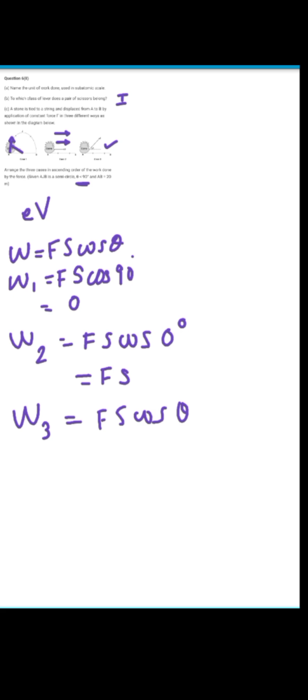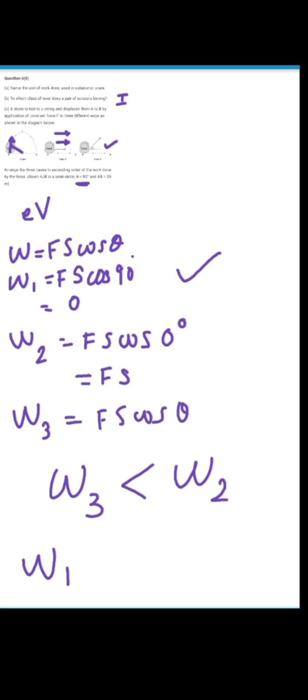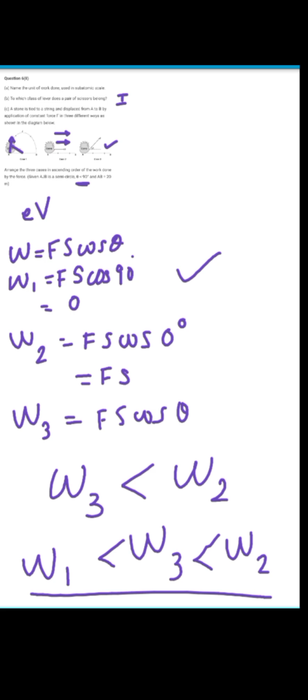So if the value of theta is less than 90 degree, which obviously means that the work done in this case will be less than the work done in the second case. So if I arrange it, they have asked, we have to arrange it in the ascending order. The smallest work done will be in case number W1, then we have W3, and then we have W2. Hopefully you have understood the question. Again, a very good conceptual question.